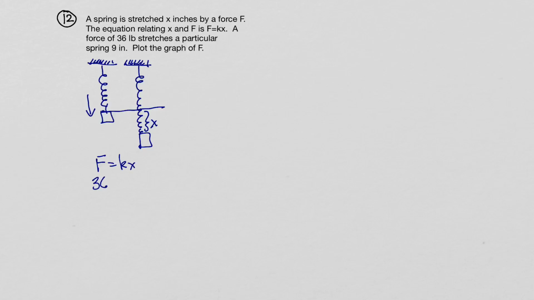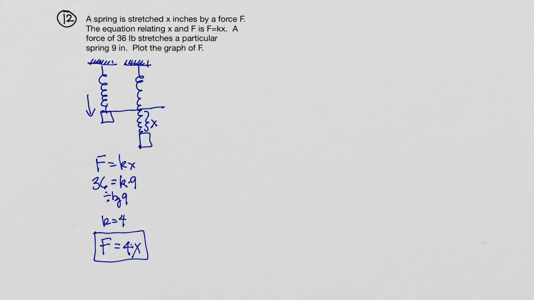So we get 36 is equal to K times 9. We can divide by 9 to get K. So K is equal to 4, and that gives us this equation: F equals 4x. And what we want to do now is plot the graph of this function.